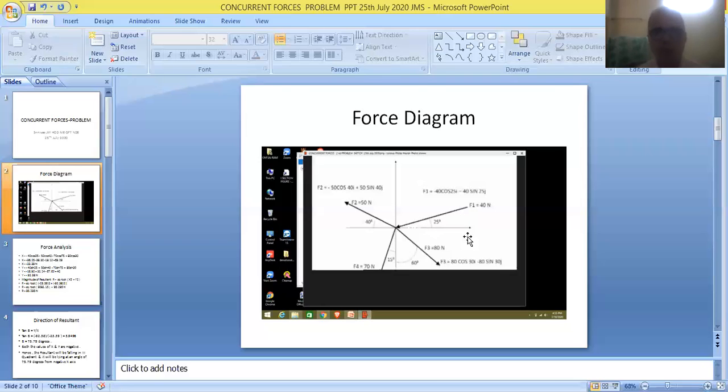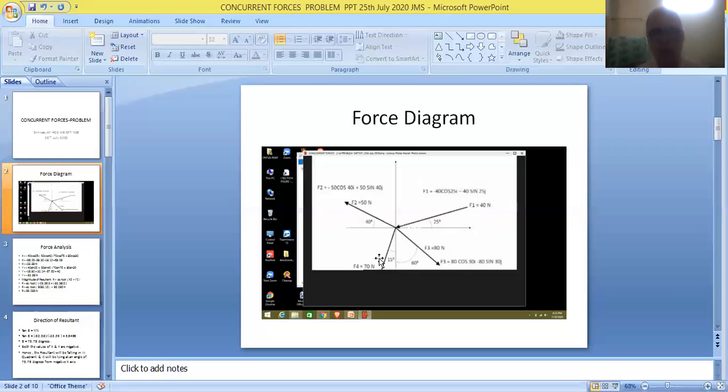So obviously the first force is denoted by F1, the second force by F2, the third force by F3, and the last force by F4.